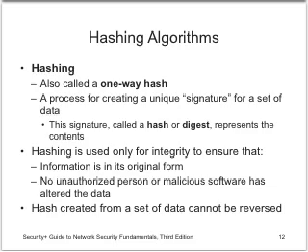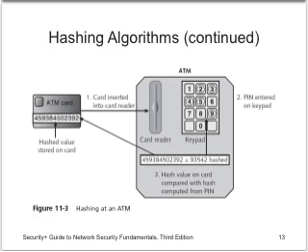Hashing is only used for integrity, to ensure that the information is in its original form and no unauthorized persons hacked into it. A hash is created from a set of data and cannot be reversed once it's created. So here we have an ATM card. ATM cards use a hash algorithm. On the back of your card, you have the little black strip everybody sees all the time.